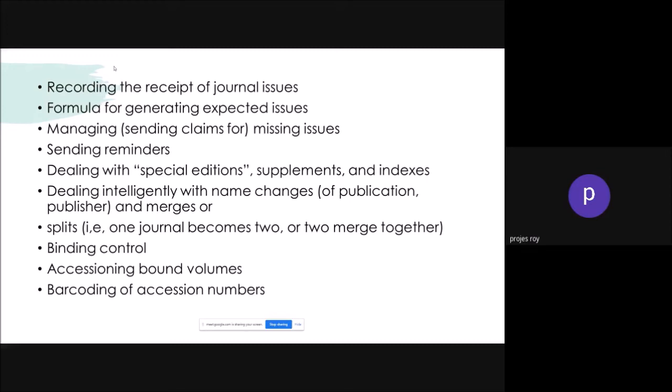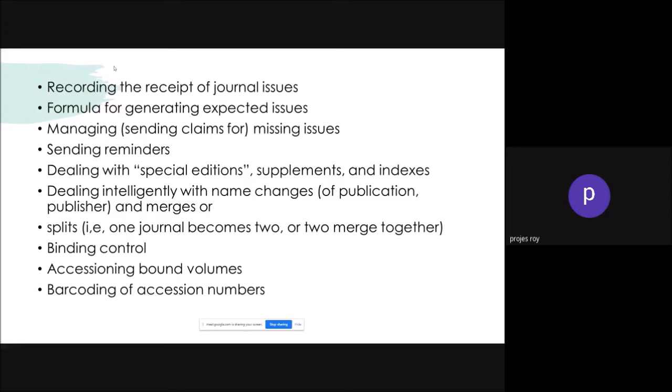Then dealing intelligently with name change. Sometimes what happens, suppose Institute of Physics: you started subscribing to the Institute of Physics, and after 4 months it changed its name to American Institute of Physics. Then you have to think exactly and keep a note for that, right?